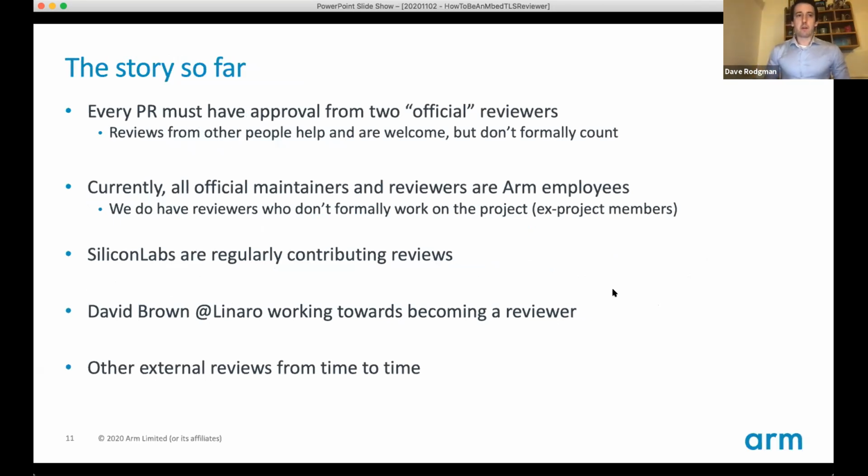So currently, the way we operate is we require every PR, in order to be merged into the library, to have 2 officially approved reviewers.